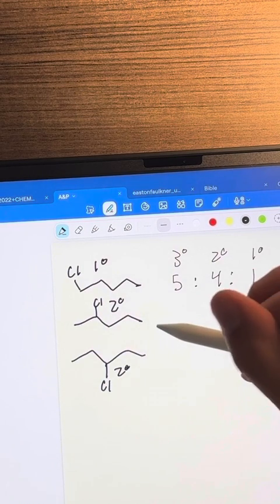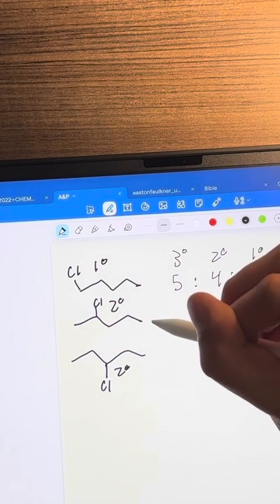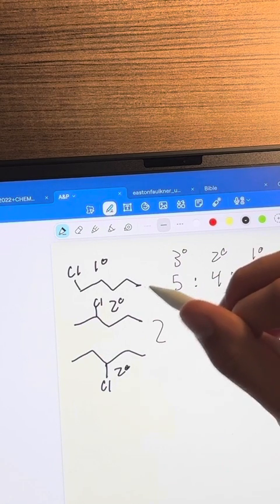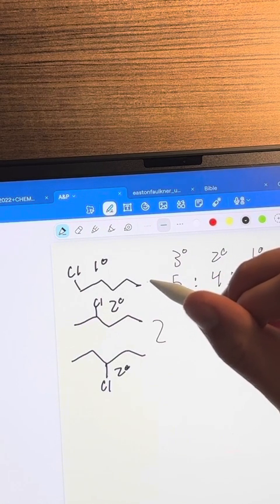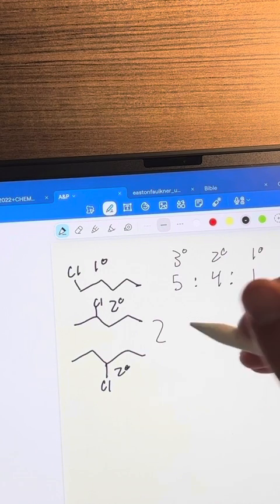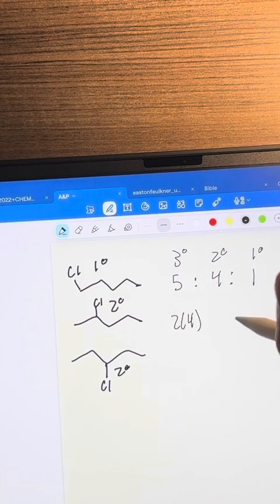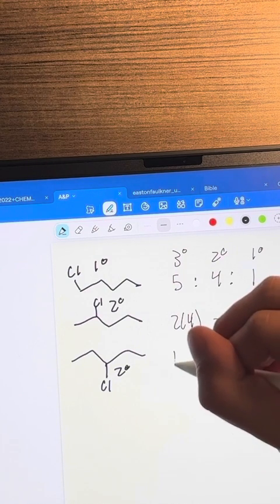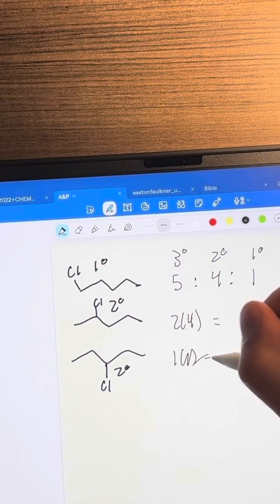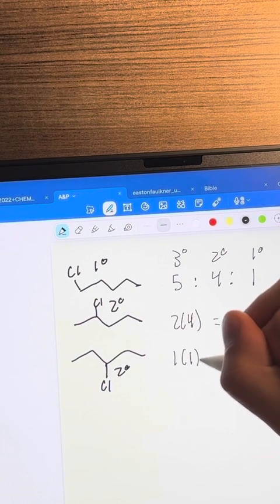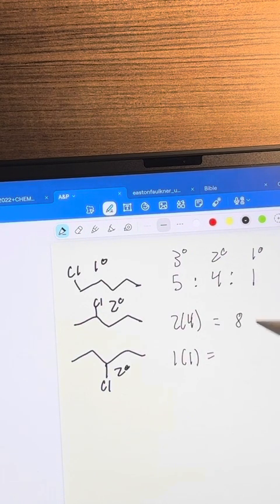So given that 2 of our products are going to be in that 4 abundance, and 1 of them is going to be in the 1 abundance, that is 2 times 4 and 1 times 1, which means 8 parts to 1 part.